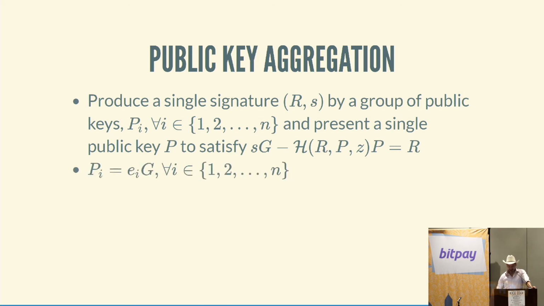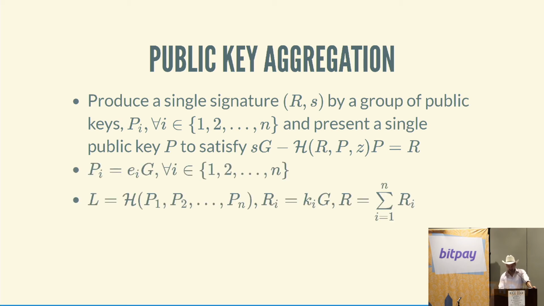So once again, you have different public keys, you have different secrets, and you commit to the group of pub keys that you're signing with. Each individual private key holder generates their own nonce. And capital R, the point that we're committing to, is the sum of all of these points.